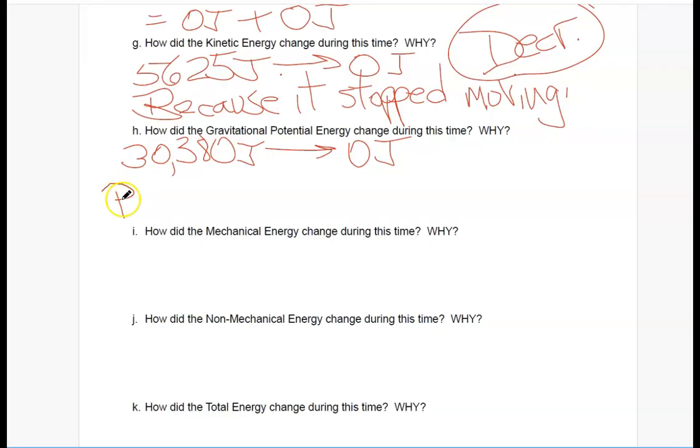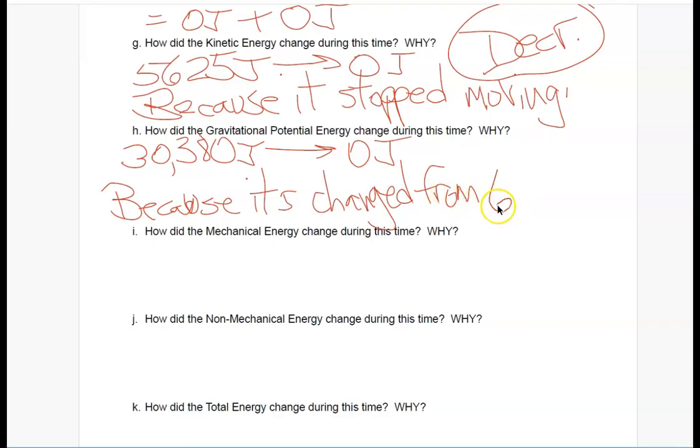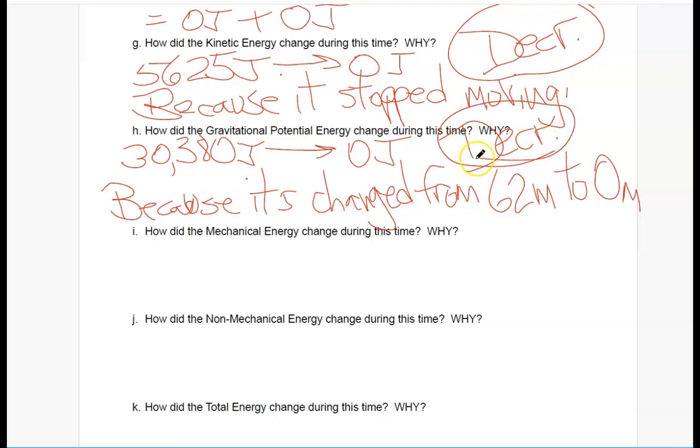That is because its height changed from 62 meters to 0 meters. It landed on the bottom. No height means no gravitational potential energy. So it also decreased in this case. But you know there's conservation of energy, so that energy had to go somewhere. We'll talk about that in a second.